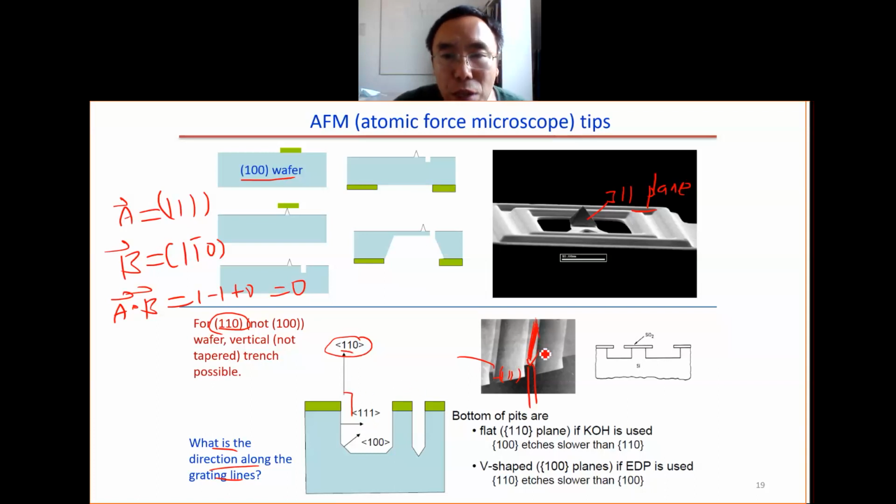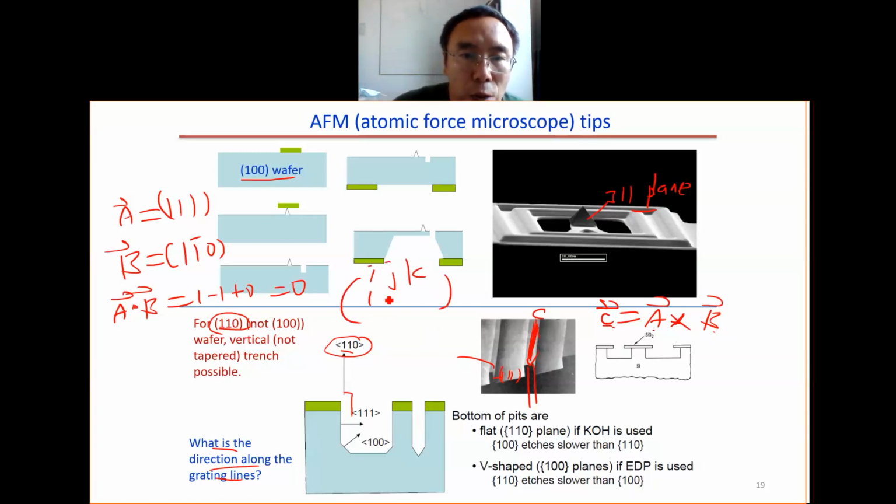It is perpendicular to both of them. Then we know that if we take C equal to A cross B, C is perpendicular to A and C is perpendicular to B. The direction of C will be A cross B. It is perpendicular to both of them. Then we have this one.